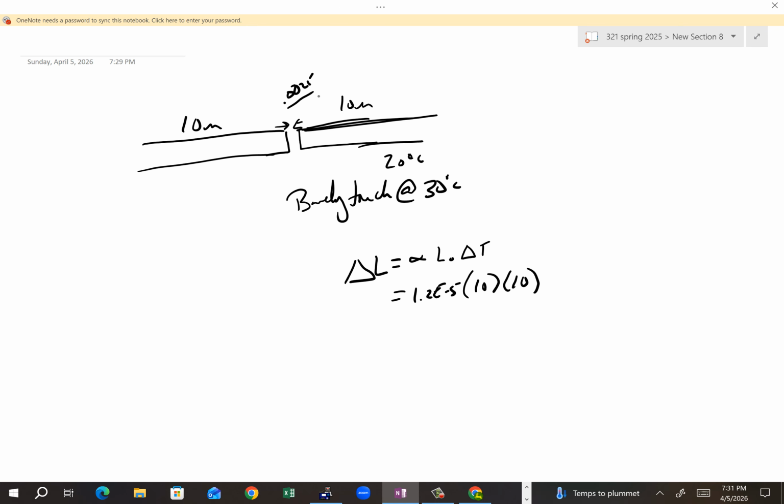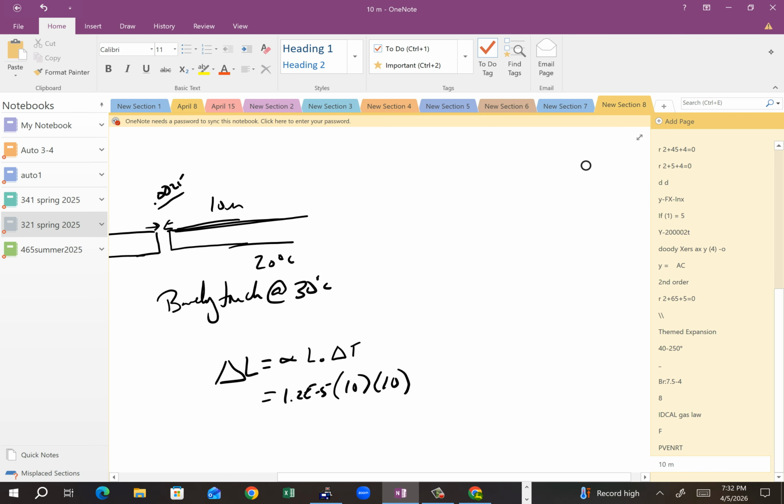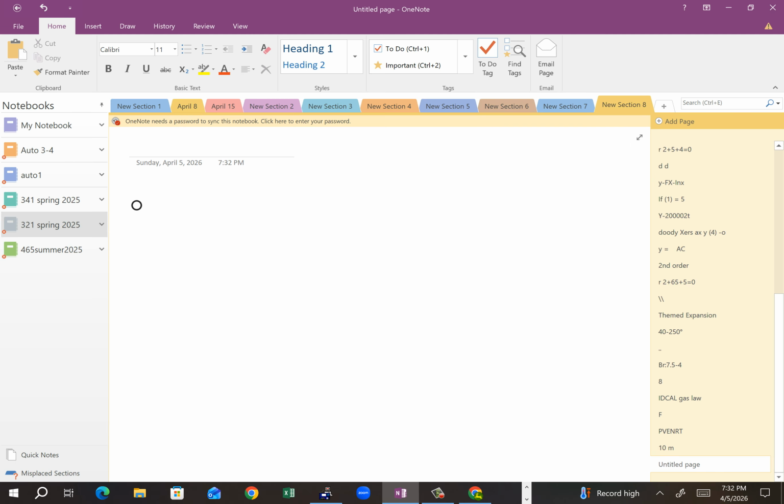And so then what they'll notice is it really doesn't expand enough to worry about. Now, there were some times in the old days when they put them side by side together and it gets super hot, and it's not really a big deal anymore. In fact, they do a lot of welding of railroad tracks now, so it doesn't make as big a difference as it used to. We used to think it was a bigger deal. It's really not that big a deal anymore. I found out from the railroads. Okay.